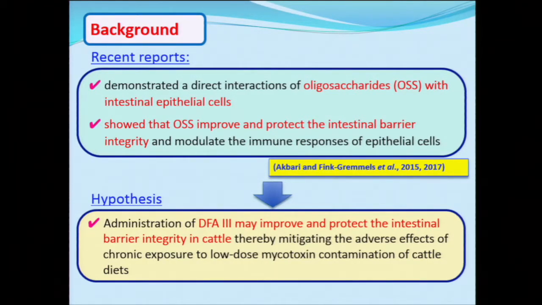Based on these findings, we developed the hypothesis that administration of DFA III would improve and protect the intestinal barrier integrity in cattle also, thereby allowing the use of DFA III as an alternative to conventional mycotoxin adsorbent, particularly in the case of chronic low-dose mycotoxin contamination of cattle diet.